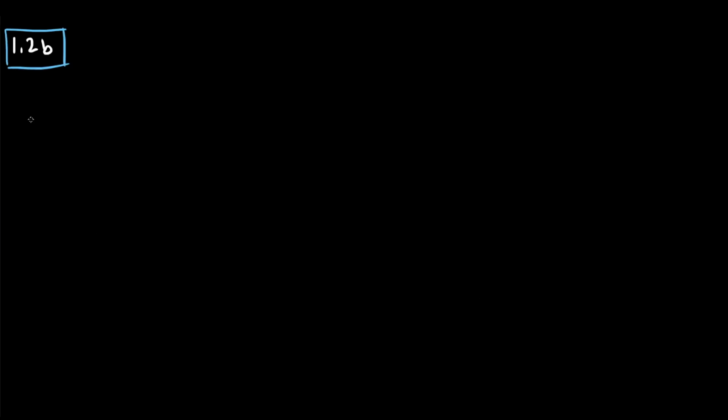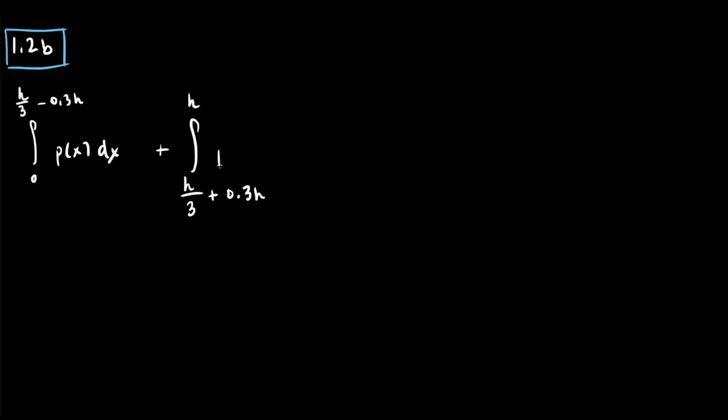We know the bounds of the first integral must be from 0 to h over 3 minus 0.3 h of the probability density. And we know that the second integral must be from the rightward bound of the standard deviation to h with the probability density. And then we just compute like normal now.